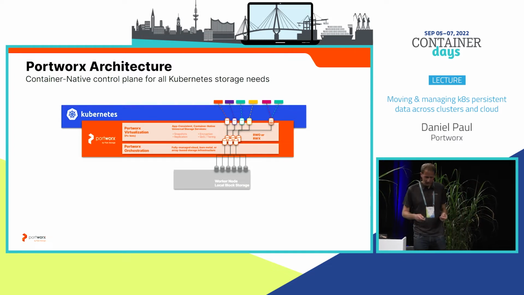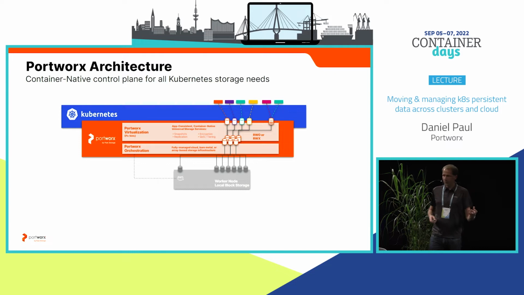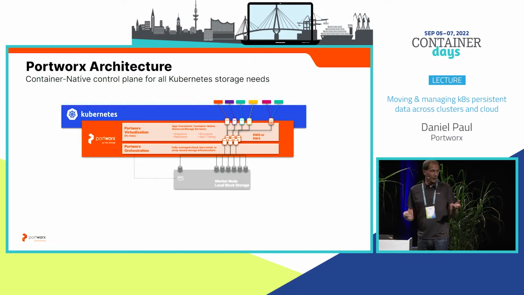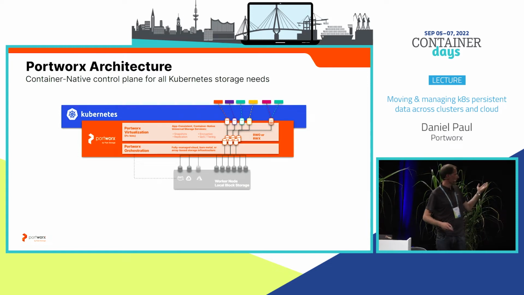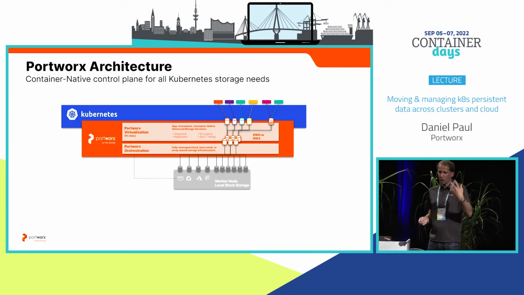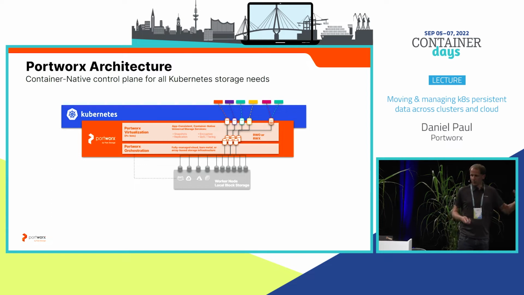We can directly connect to AWS. To provide block storage to worker nodes running in AWS, it would be an EBS volume, right? Or if you do this on Google or on Azure or even on vSphere, it would be a VMDK file. So to achieve the goal of having block storage attached to each of the worker nodes, we can integrate into the infrastructure and provide this for you. So you don't have to manually link those block storages to the worker nodes. This is our integration into the platforms.